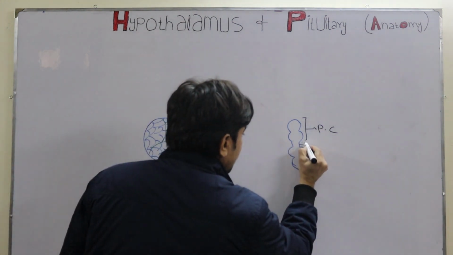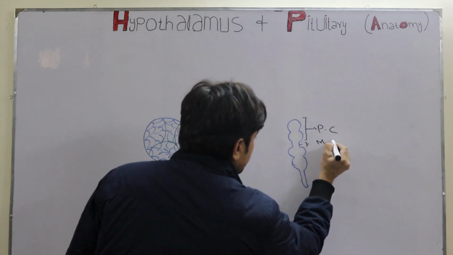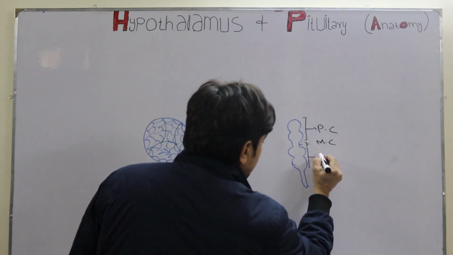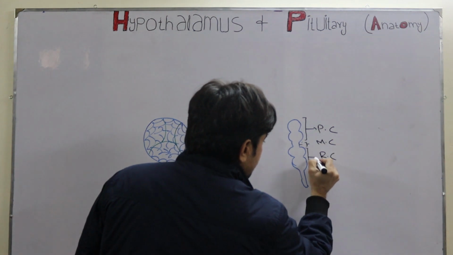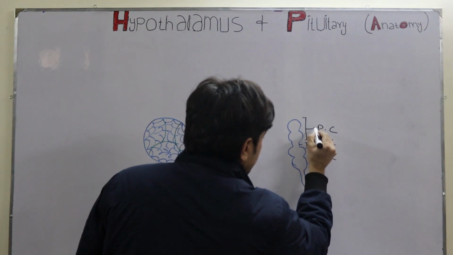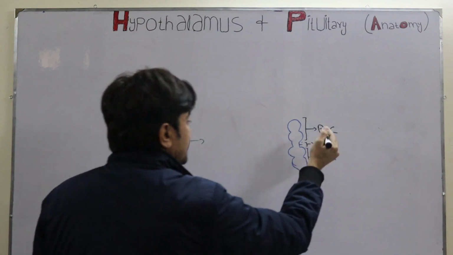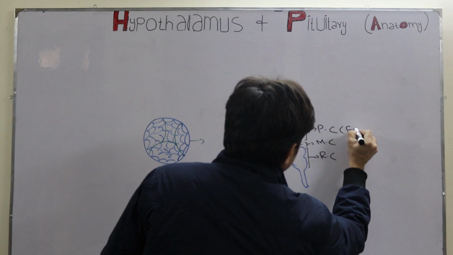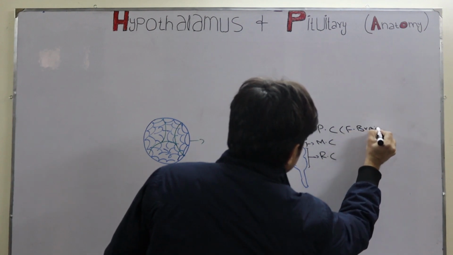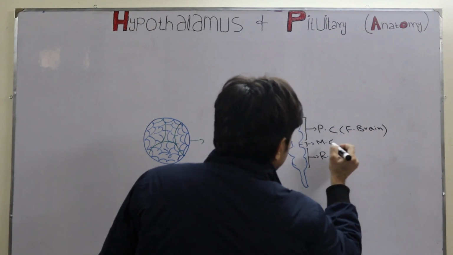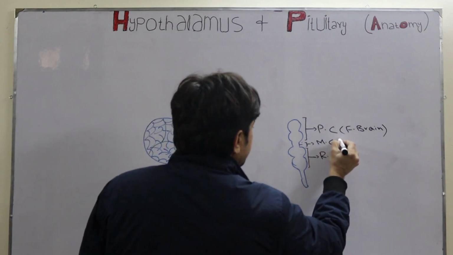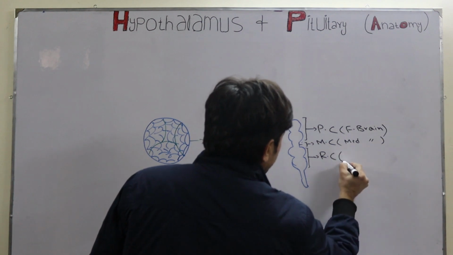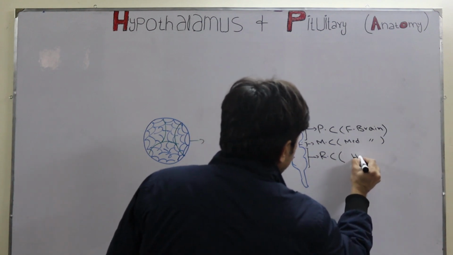This region is called mesencephalon, and this region is called rhombencephalon. As you can see, the prosencephalon is also called forebrain, mesencephalon is also called midbrain, and rhombencephalon is also called hindbrain.